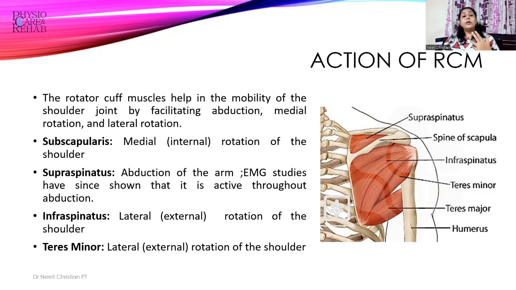Supraspinatus muscle contraction is important, but it is active throughout the abduction, just like any other abductor. That we will discuss in detail. The infraspinatus is a pure external or lateral rotator of the shoulder. With the infraspinatus, we have the teres minor, again a lateral rotator of the shoulder joint.